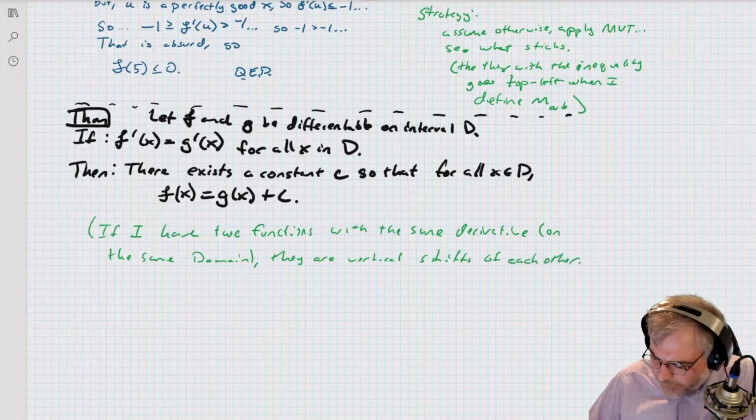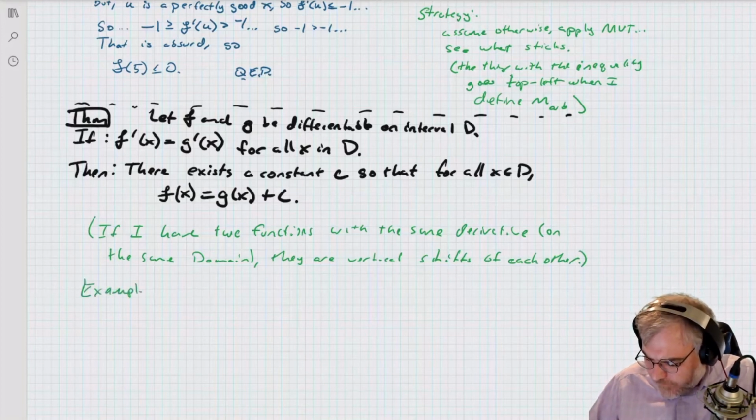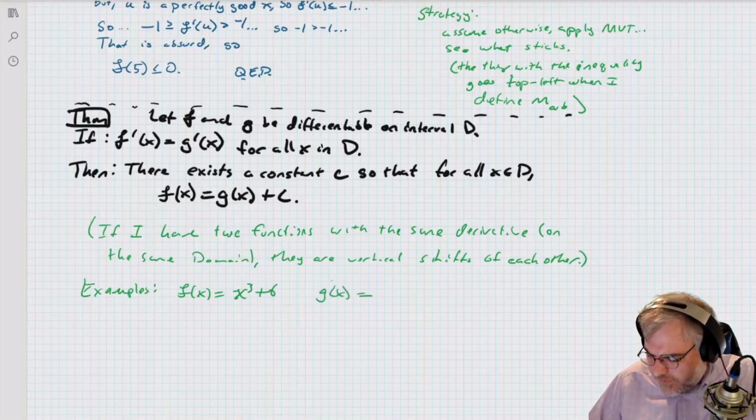Okay? So, example: f of x equals x cubed plus 6, and g of x equals x cubed minus 6.